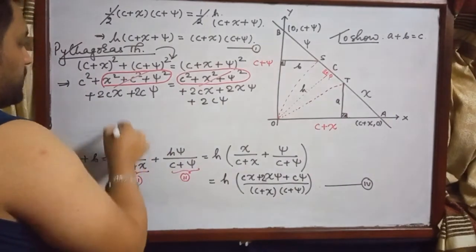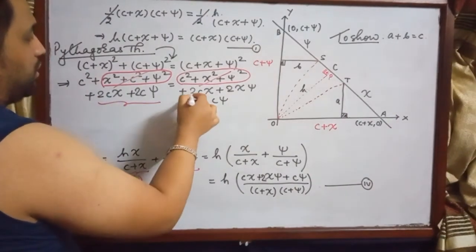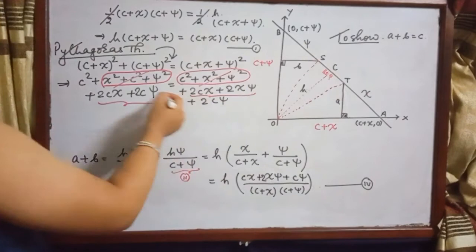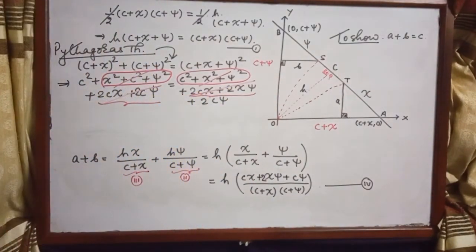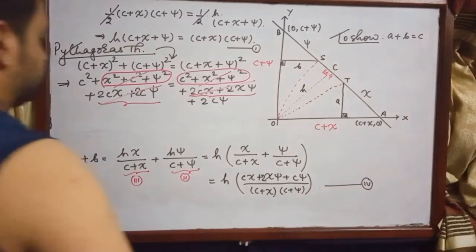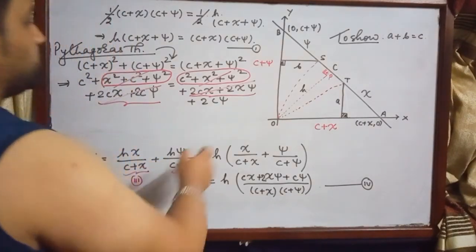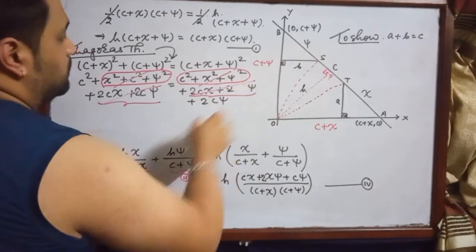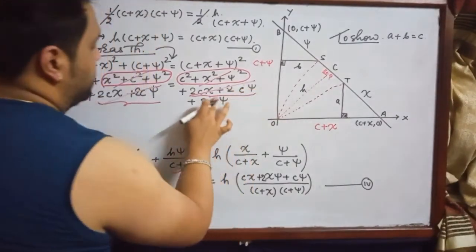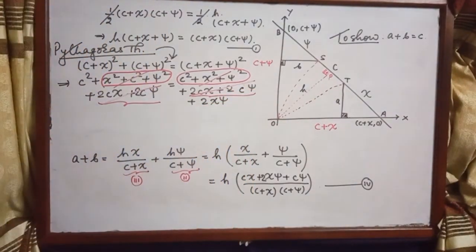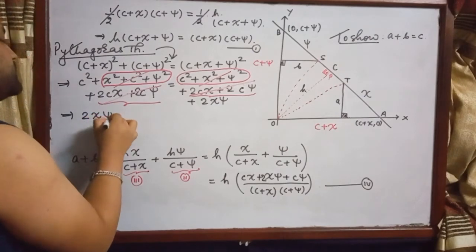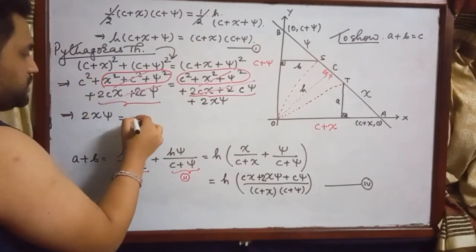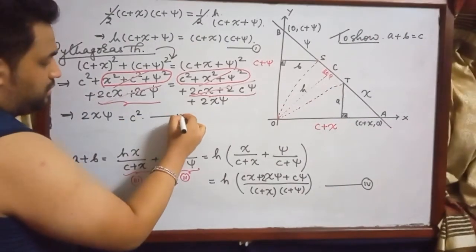And this part and this part are also common, so we cancel them out, which means we're left only with, I almost made a mistake, we're left with 2 chi psi is equal to c squared. This is equation 5.